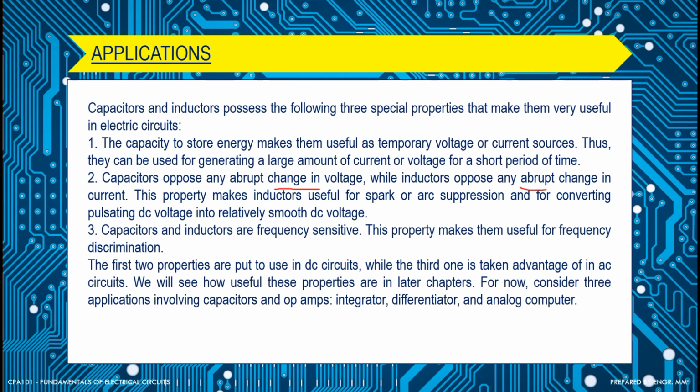This property makes them useful for spark or arc suppression and for converting pulsating DC voltage into relatively smooth DC voltage. And capacitors and inductors are frequency sensitive, which makes them useful for frequency discrimination. The first two examples of the application are for DC, whereas the third one is for AC circuits.